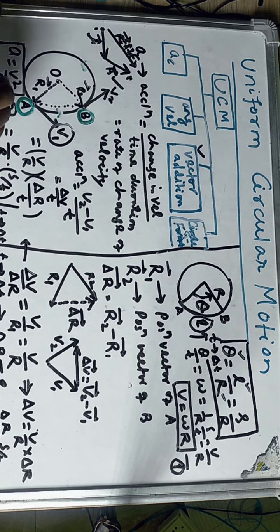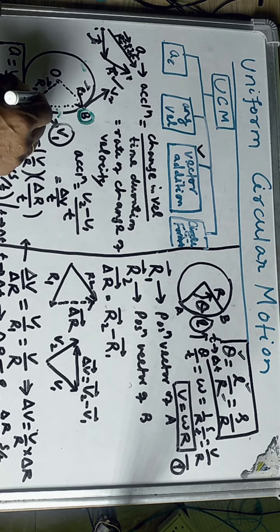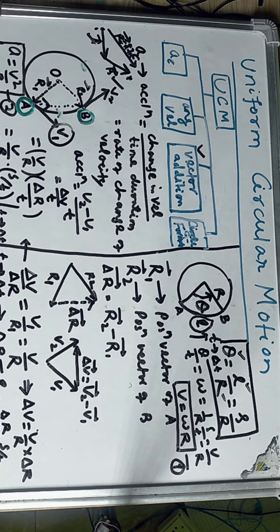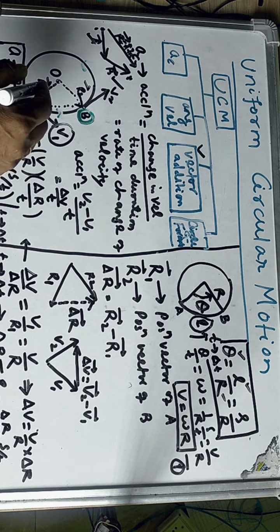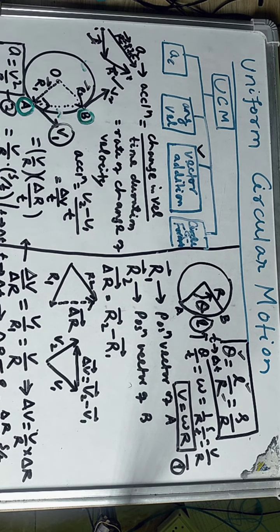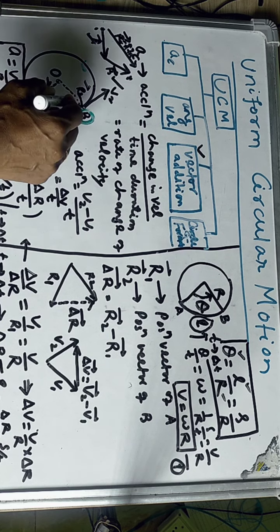Velocity is tangential to the circle, that means it is perpendicular to the radius. In the same way, the velocity of the object at point B is again tangential to the circle and perpendicular to the radius.